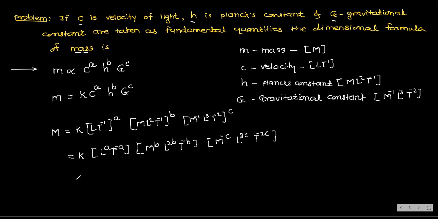Yes, right? Now collect the terms. This is K. First we will collect the L terms, and then M in sequence, and last we will collect the T part. Can you see this? So let's collect first the M terms.